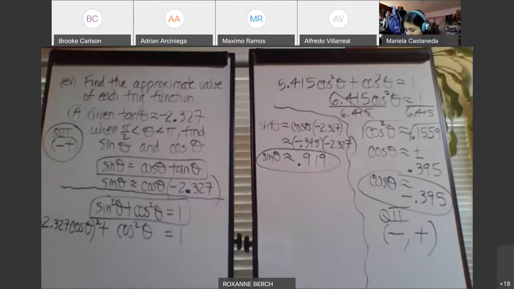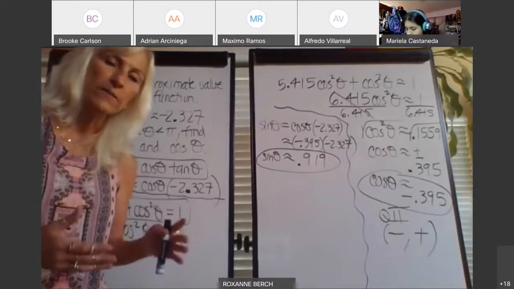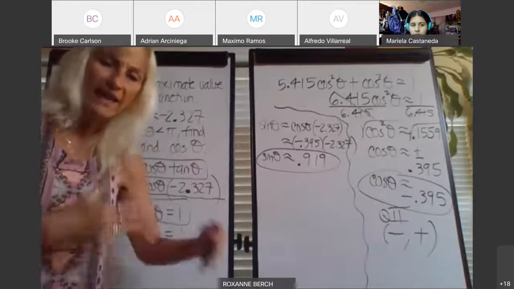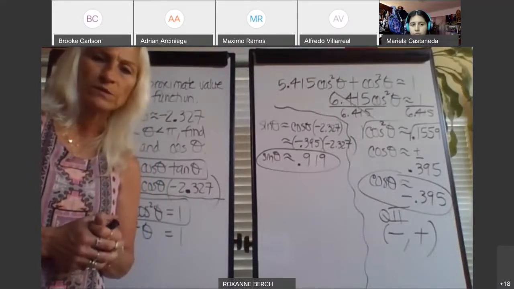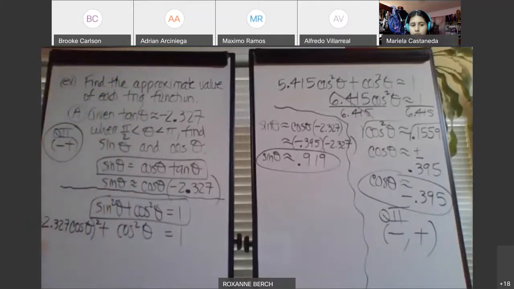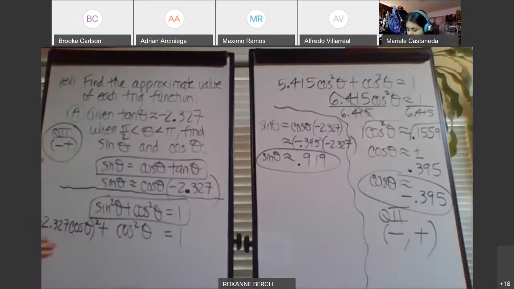So basically, I was trying to put everything, that's what you're trying to do, is think about it. In algebra, when we're solving for a variable, we want to solve for x, right? We don't want two unknowns. So this is the important step right here, is that, see how I got everything in terms of cosine?